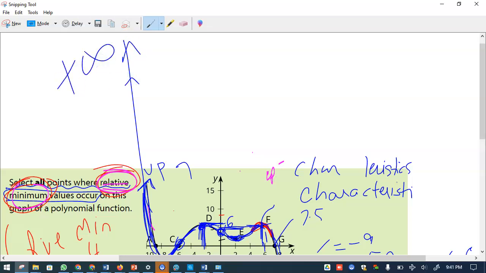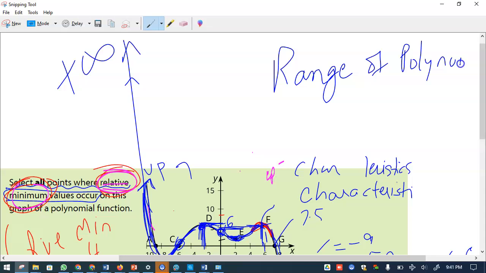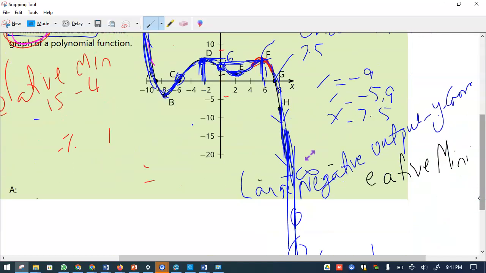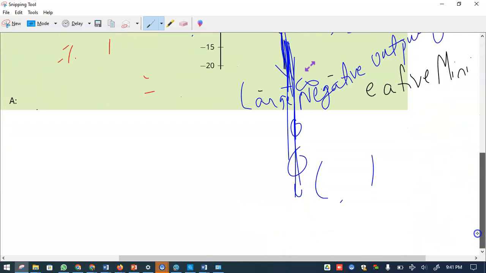So, understanding of the range part. What is the range of the graph? The range of the polynomial function goes up, and down it goes until minus infinity here. So this is negative infinity.